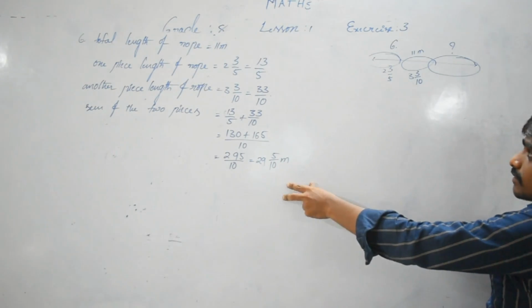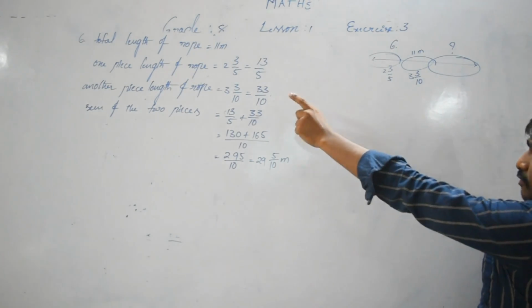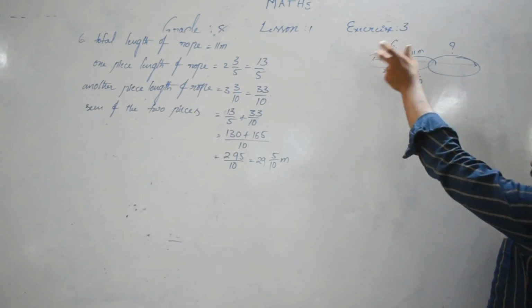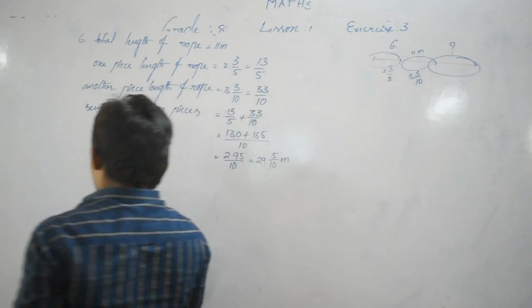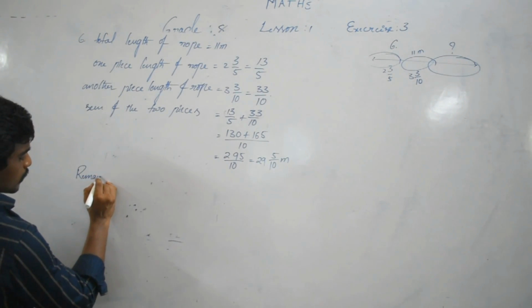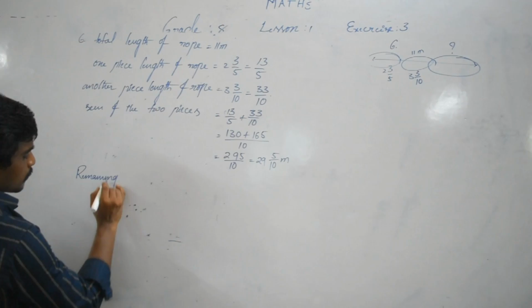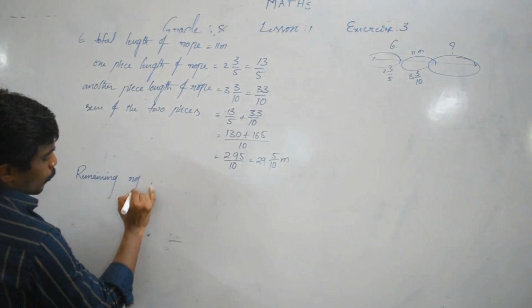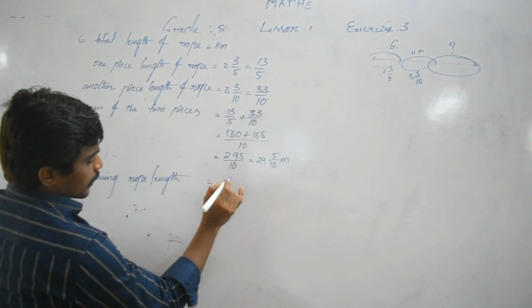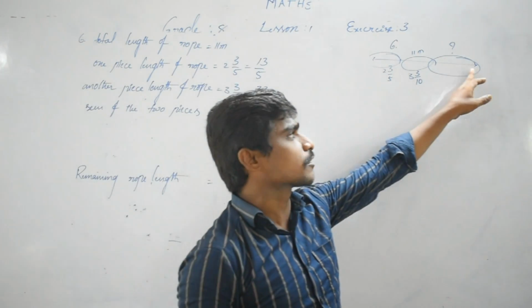So here, subtract from the total length 11. So the remaining rope length. This is the remaining rope length.